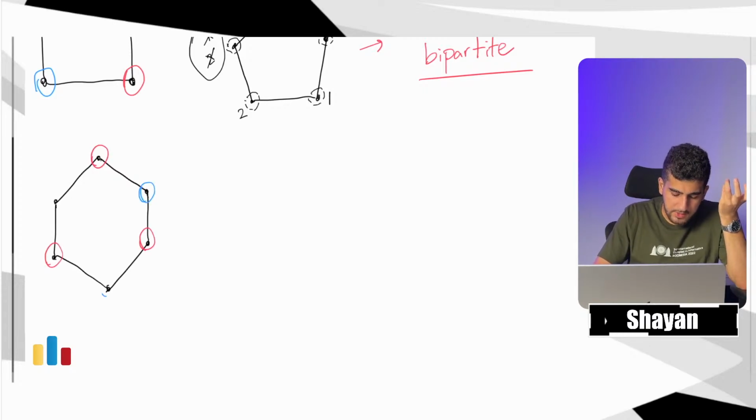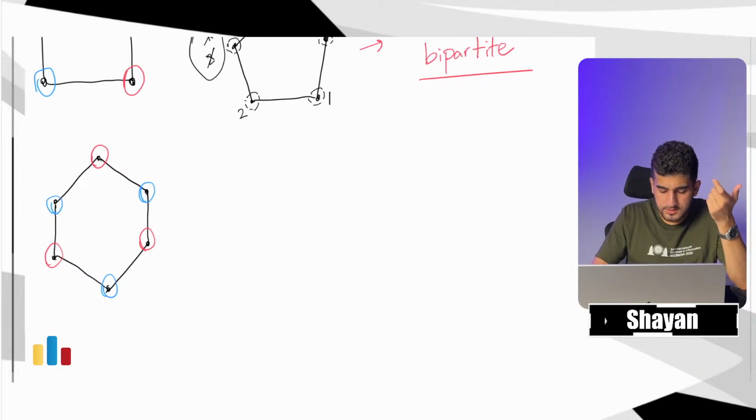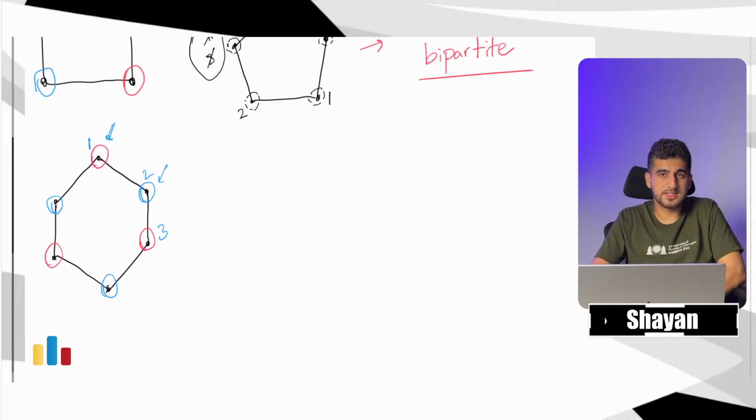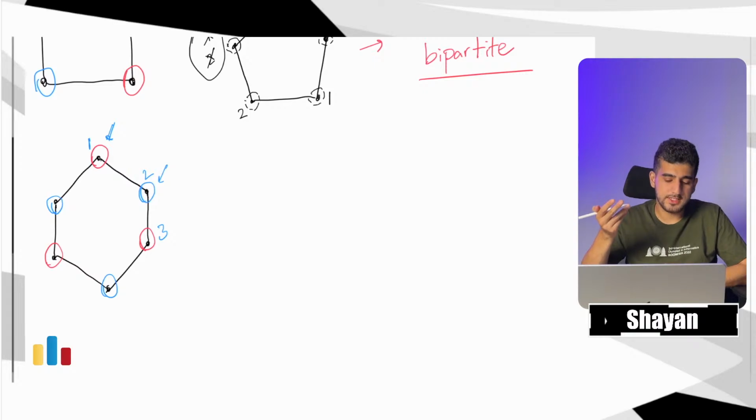Again you see that they must be alternatively red and blue. Whatever the color of the first vertex is, the color of the second vertex should not be that, and the color of the third vertex should not be the color of the second vertex, so it should be equal to the color of the first vertex. So we see that alternatively they will change.